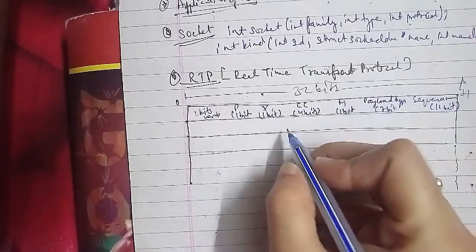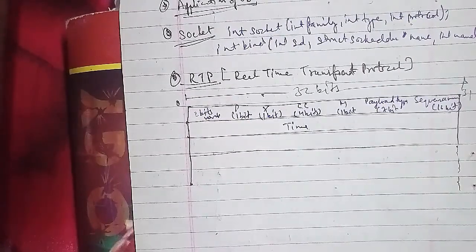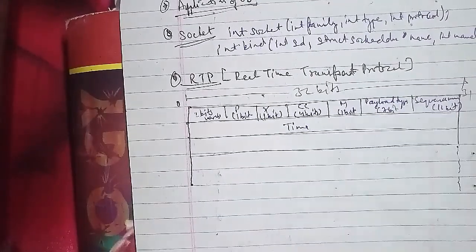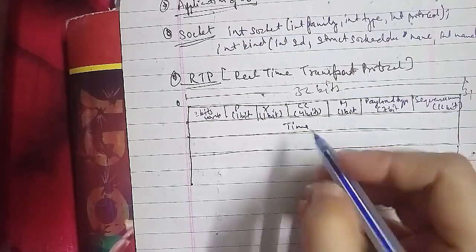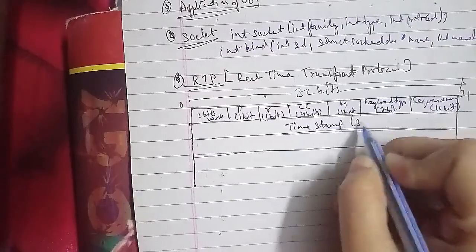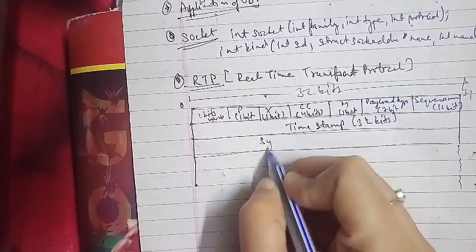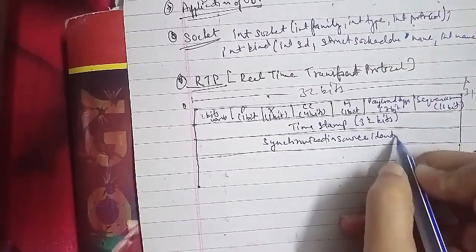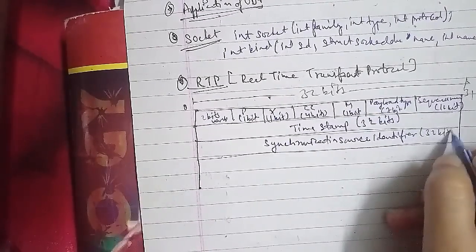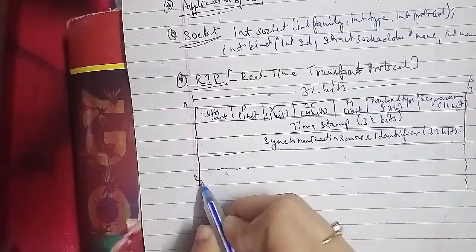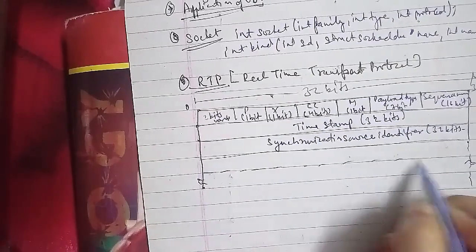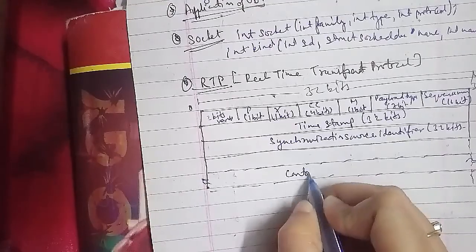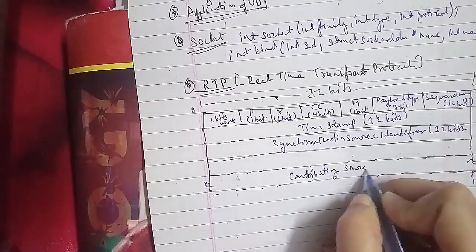Then we have the timestamp, which is 32 bits. Then the synchronization source identifier, 32 bits, and then the contributing source identifier. And this is your RTP header.